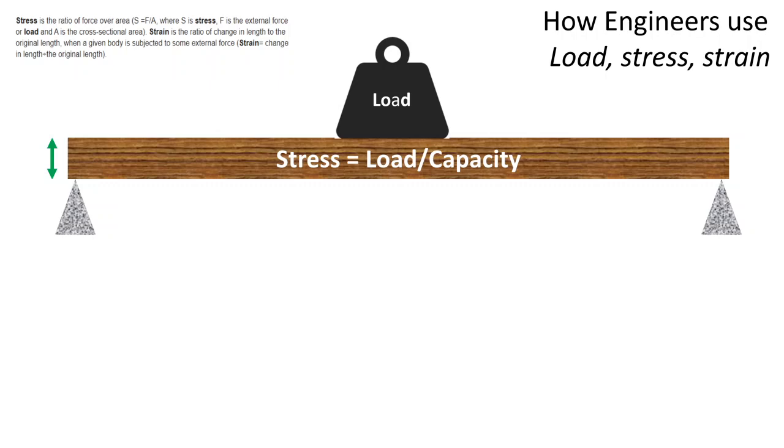That's just a neutral thing, the kilograms times the acceleration of gravity, divided by the capacity of that beam to tolerate the load. Okay? So that's very simple in engineering terms, the difference between load and stress.